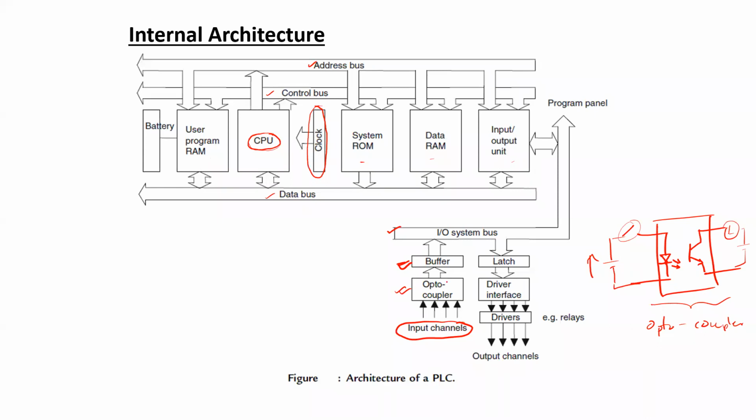So in order to keep the data stable for some time so that a particular cycle of operation can be completed within one clock pulse, temporary storage in the form of what is referred to here as a buffer is used, to temporarily store the data so that a particular clock cycle or execution cycle can be finished properly.